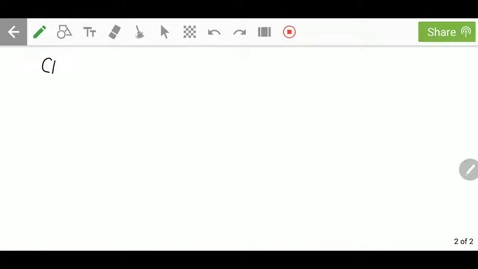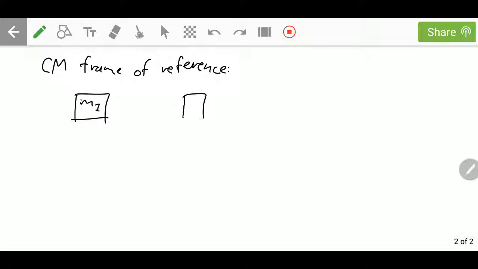If you look at the center of mass frame of reference, then what you're going to see is m1 and m2 moving in toward each other, and then afterward, you're going to see them heading outward. That's m1 and m2.